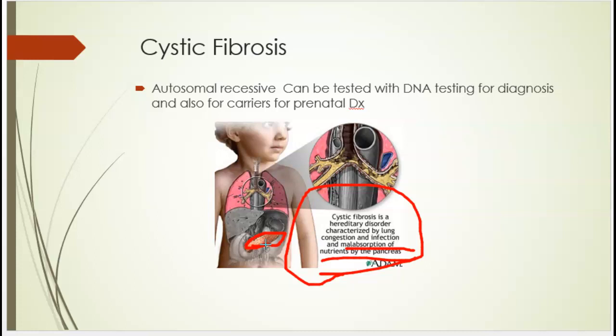So the pancreas not only secretes insulin to regulate the balance of sugar into our cells from the bloodstream, it also releases digestive enzymes into your GI tract. And with cystic fibrosis, mucus will block that duct of the pancreas, and they can't secrete digestive enzymes into the digestive tract. So make a little side note of that, please.